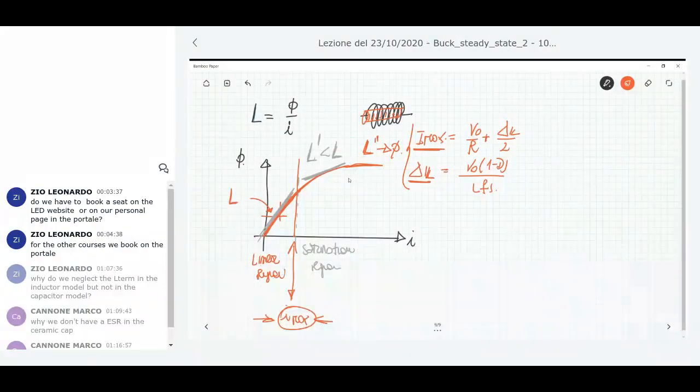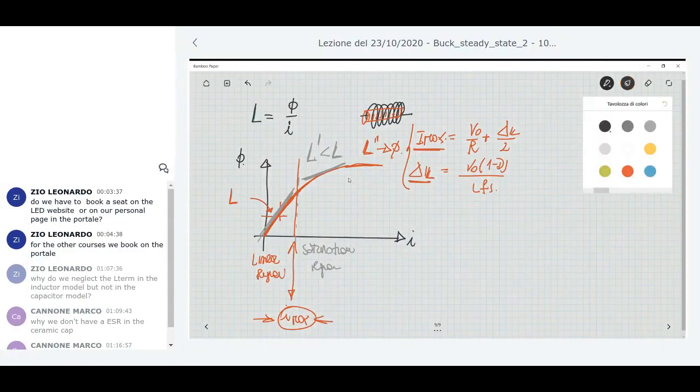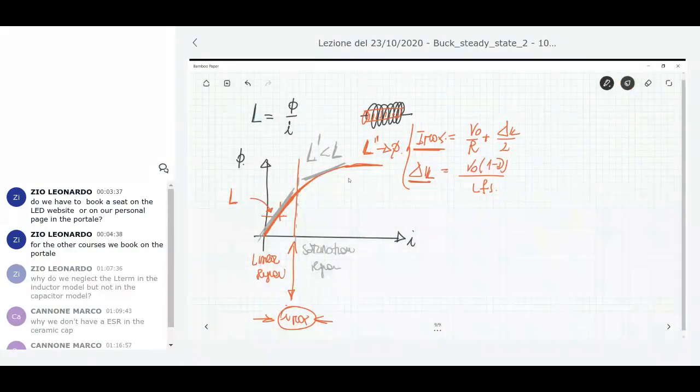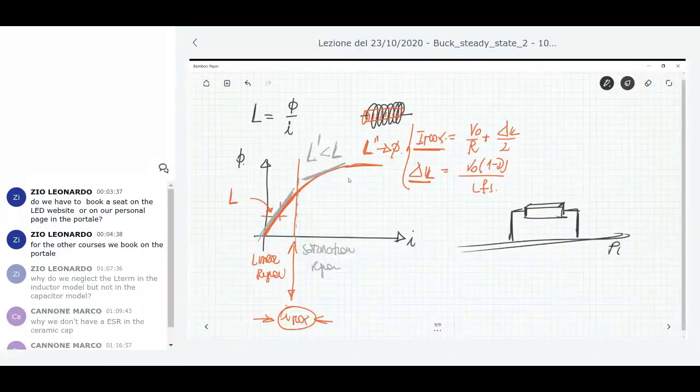Another thing I can mention now, even though we won't use it in future lectures, is what happens when you have an inductance. Here is a drawing of an inductance with lead terminals on a PCB.